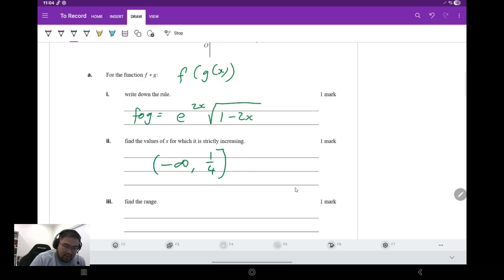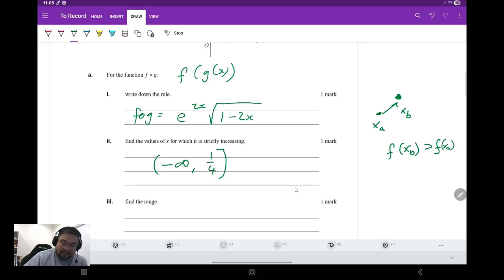If the previous y value is less than the current y value, in other words, at 1 quarter, if 1 quarter was up here and the previous value was down here, we're talking about the actual change from the previous coordinate, say xa to xb. If f of xb is greater than f of xa, it means that it is increasing for that particular interval. So in other words, 1 quarter should be included in this case.